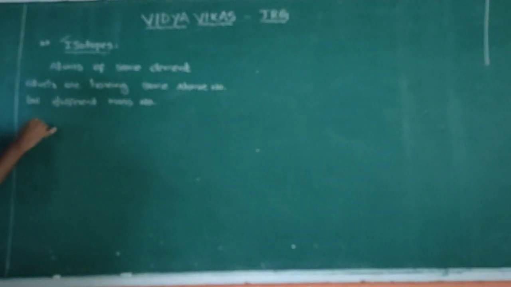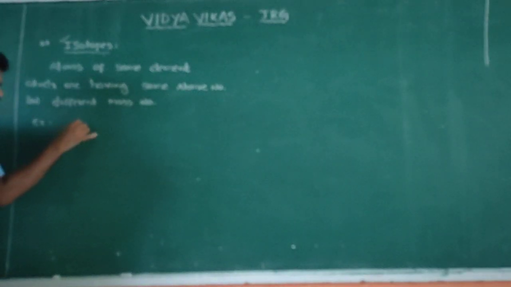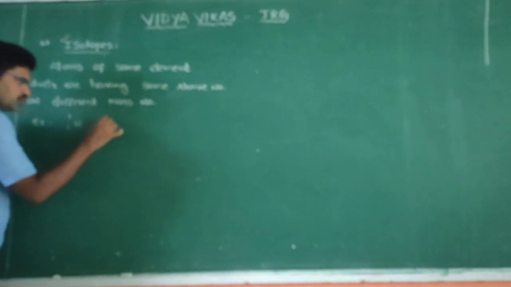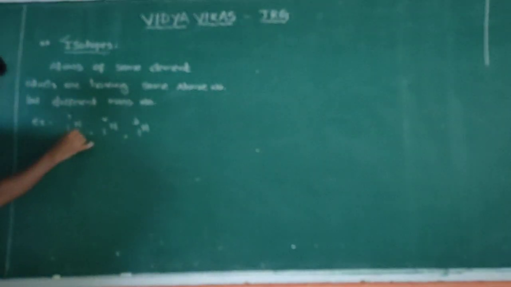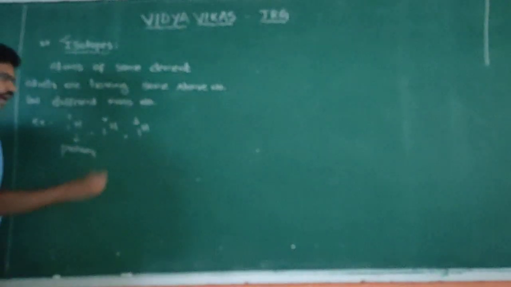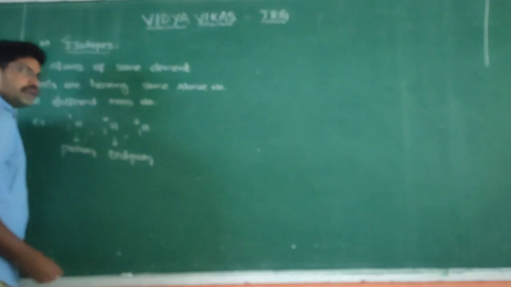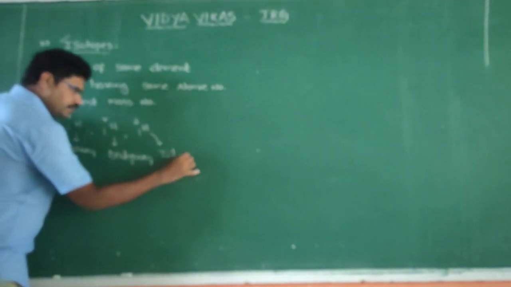Now let me come to examples of isotopes. Here I want to define the isotopes of hydrogen. This is 1H1, this is 1H2, and this is 1H3. 1H1 we call protium, 1H2 we call deuterium, and 1H3 we call tritium.